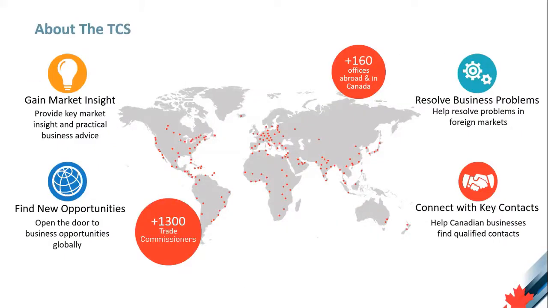Also about the Trade Commissioner Service: you may be aware that we are the commercial branch of Global Affairs Canada. Our mission is to advance Canada's commercial interests around the world. We do this by connecting you with funding and supporting programs, with a network of 6 regional offices and more than 160 offices abroad.